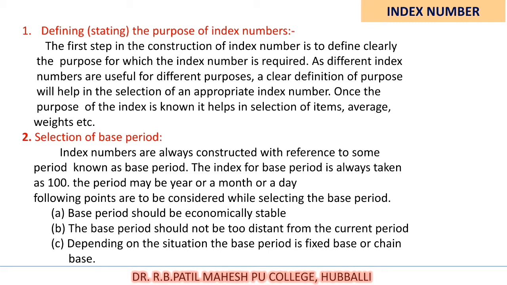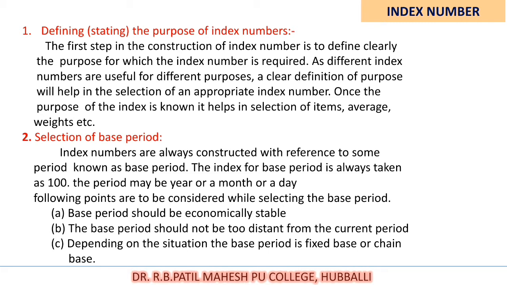So when you are choosing the base period, you have to consider the following points. The first point is that the base period should be economically stable. Suppose you choose 2019 as the base period, that year should be economically stable.